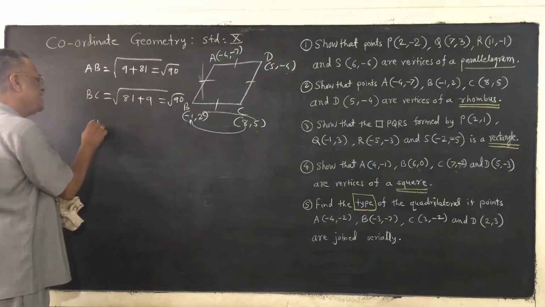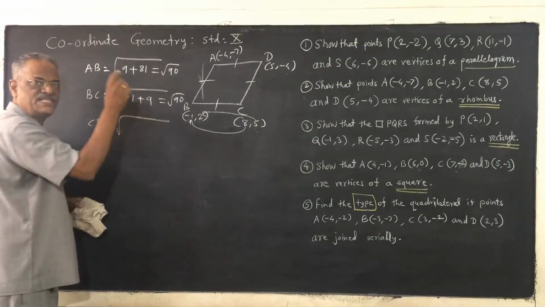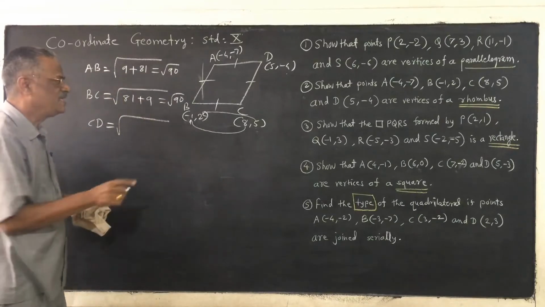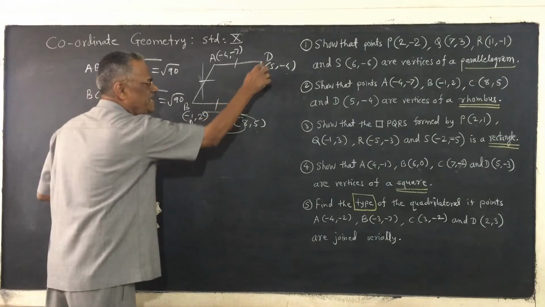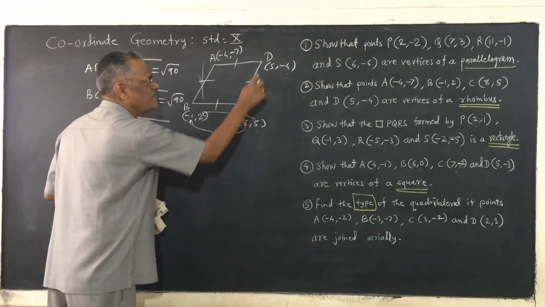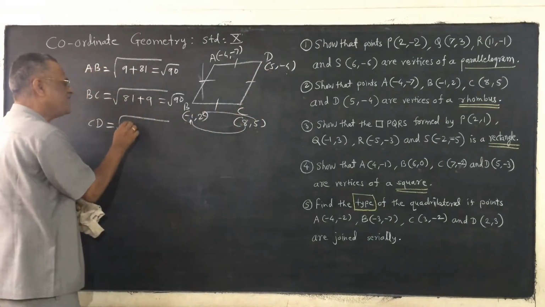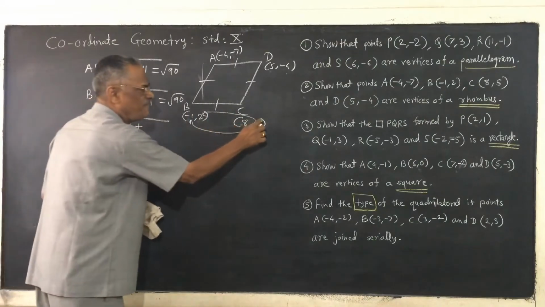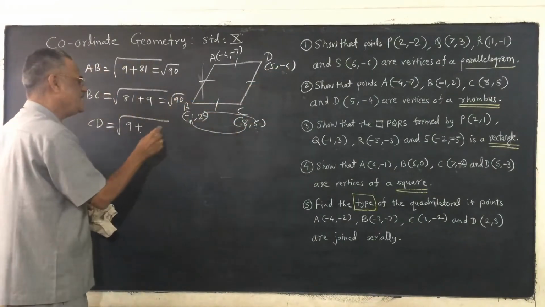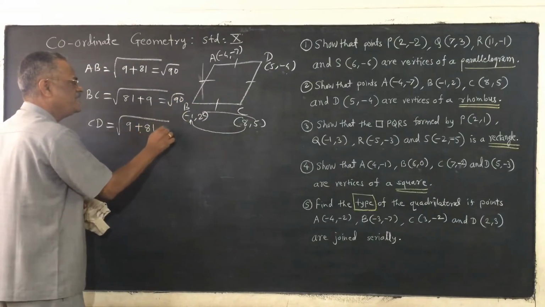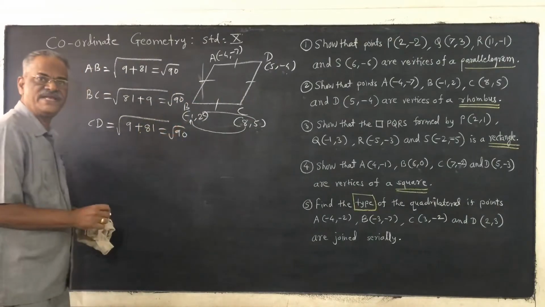Similarly, calculate CD by using the same distance formula. This is your second point, D to C. 8 minus 5, 3. 3 squared is 9. Then 5 minus -4, it will become 9. 9 squared is 81. So you are getting root 90.